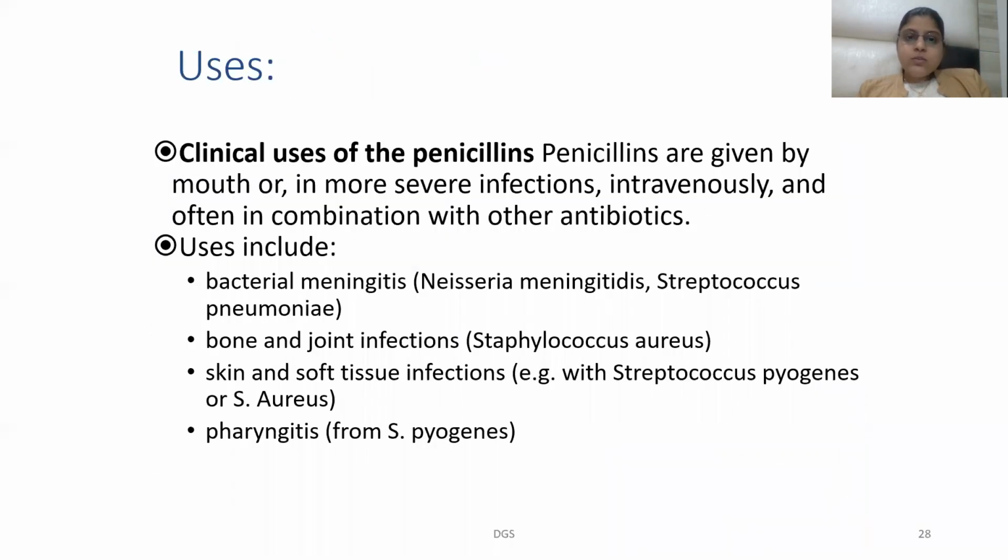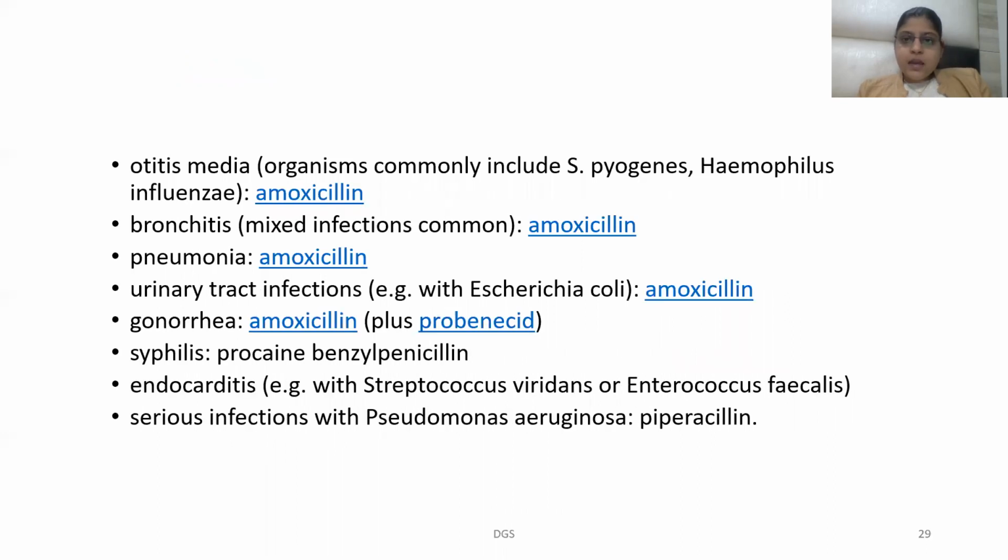I've already told you it can be used in Neisseria meningitis, Streptococcus pneumoniae and bacterial meningitis, bone and joint infections caused by Staphylococcus aureus, skin and soft tissue infections, pharyngitis, and otitis media caused by Streptococcus pyogenes. Penicillin G can be effective.